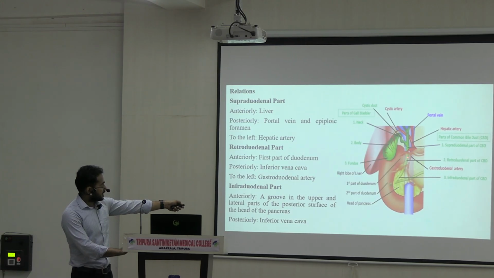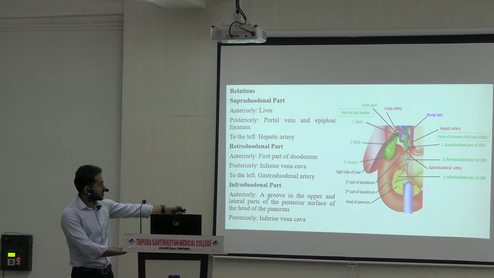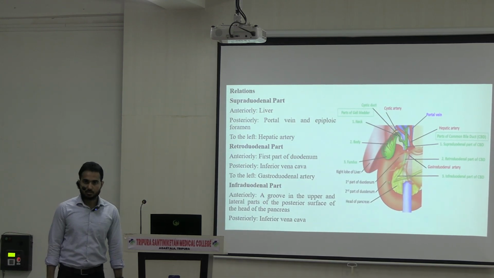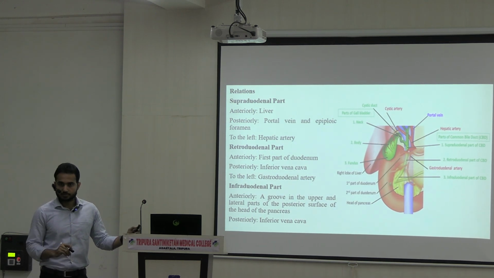Now, when this structure, the common bile duct, is descending, other structures are also present along with it. A few structures are situated posterior to it, a few on the left side, and a few on the right side, and those will form the relations of the common bile duct.